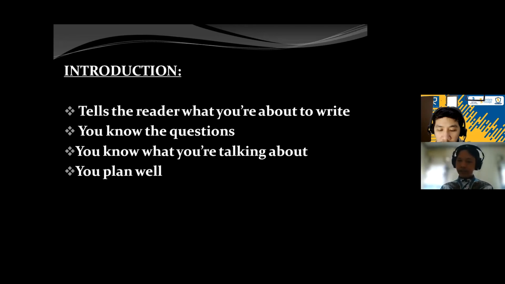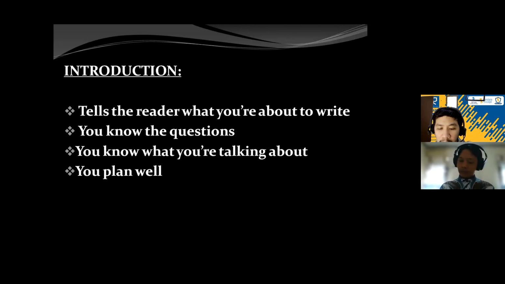And then at the same time, you can also write about the points that you're going to cover later in your body paragraph 1, body paragraph 2, or body paragraph 3 if you have 3 body paragraphs. So it shows the points that you're going to write later in your body paragraphs.